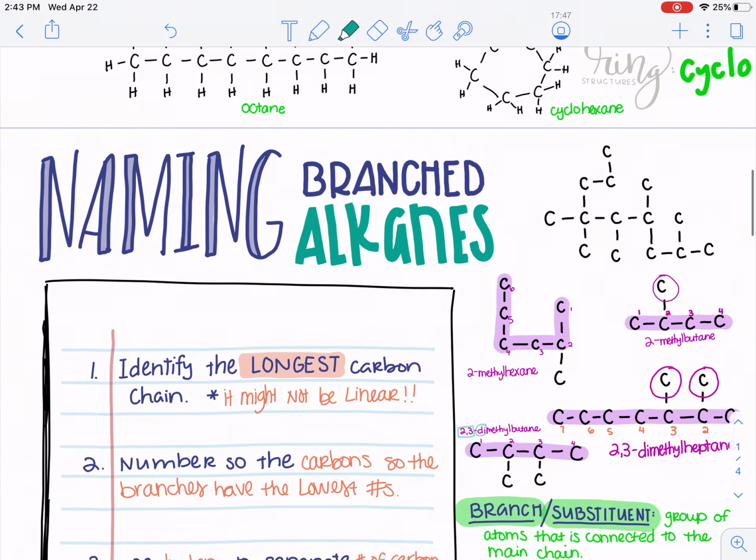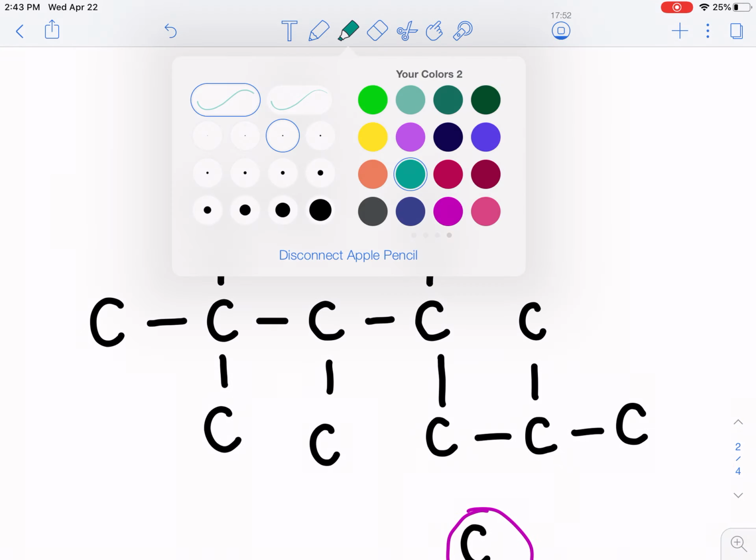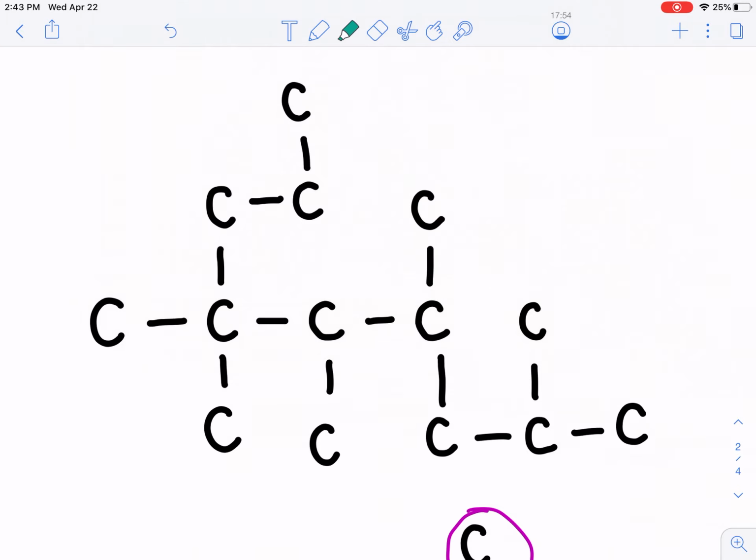Okay, the best way to get good at this is to do a lot of it. So I have lots of examples for us to go through, and then for your homework, you get molecules to name and draw on your own.